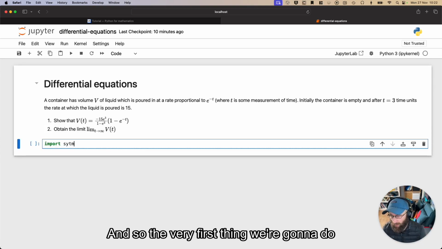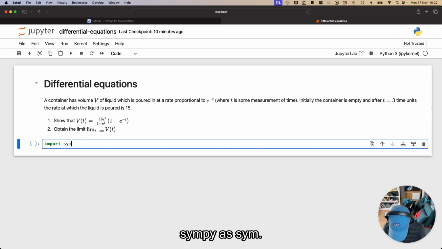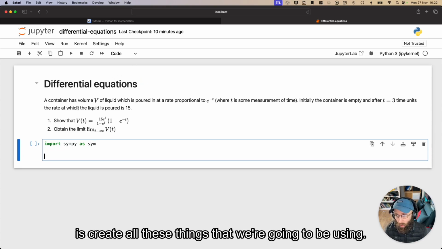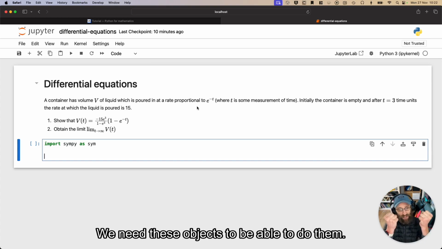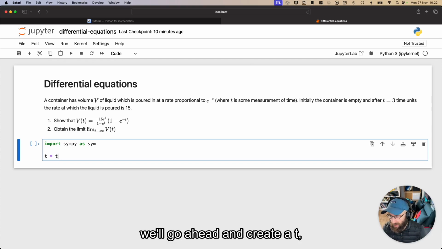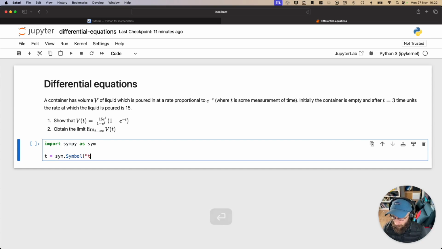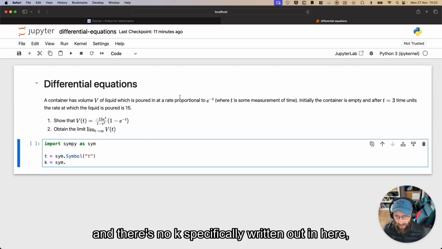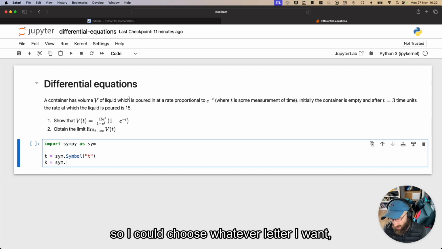The very first thing we're going to do is import SymPy as sim. Then we create all the objects we're going to be using. First we'll create t, which is going to be a symbol t. We're going to create k, and there's no k specifically written out in here, so I could choose whatever letter I want.